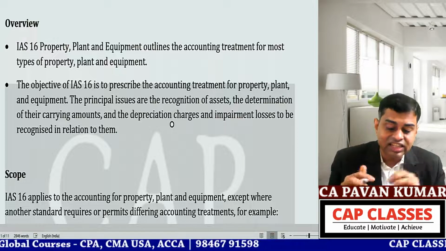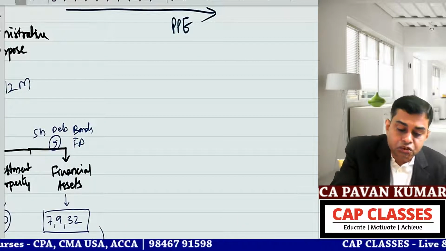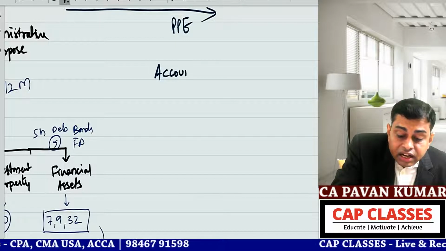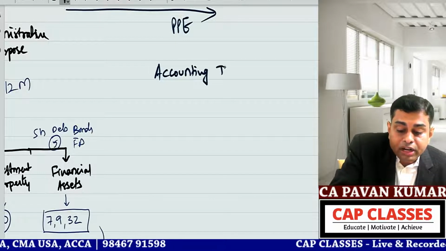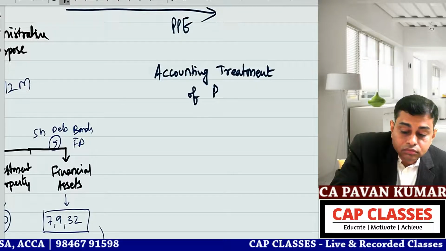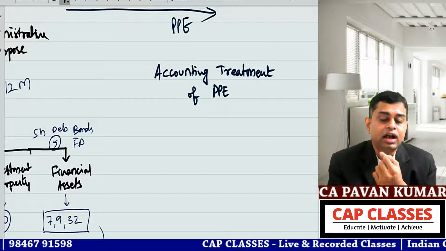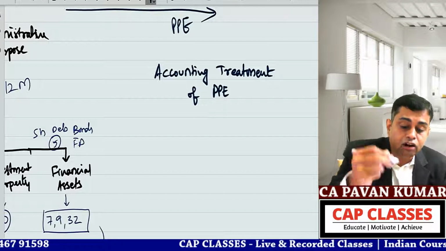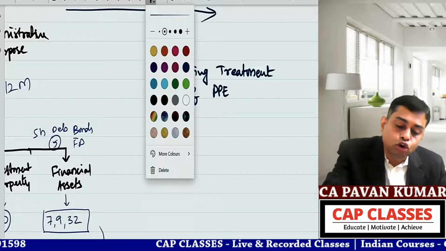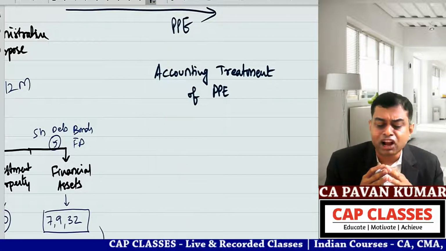Then IAS 16 will tell you, beta, my purpose of life is to give accounting treatment of property, plant and equipment. Then you ask, hey, one more doubt. I don't know what is the meaning of accounting treatment of PPE. Could you please elaborate and tell what you mean by accounting treatment of PPE?